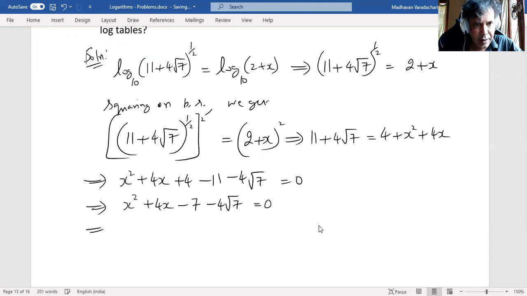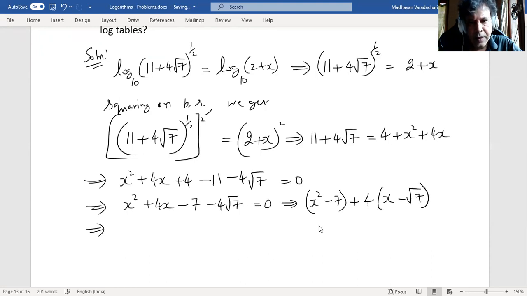Now this further I can simplify as x square minus 7, and then I can take out 4 outside, x minus root 7 equal to 0.